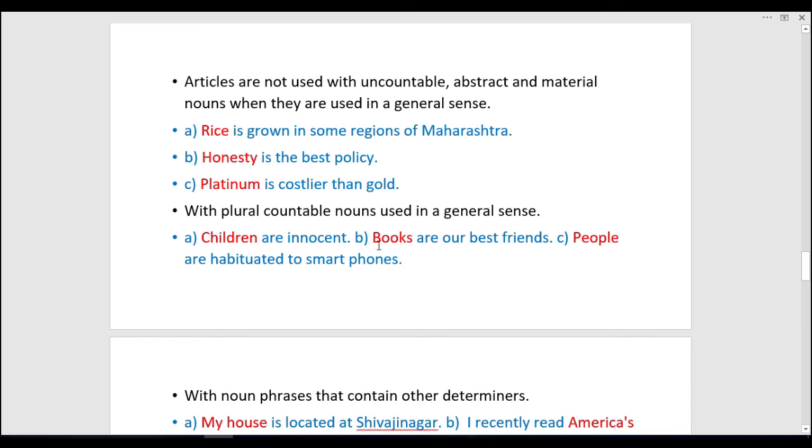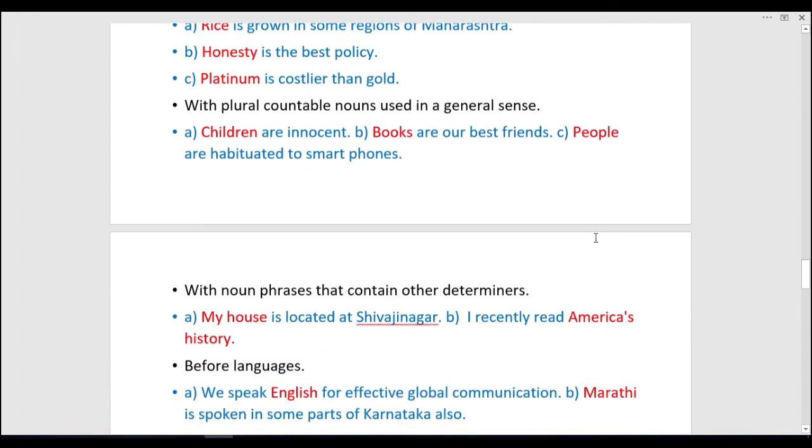Next example, books are our best friends. Here books represents all books, used in a general sense. Next example, people are habituated to smartphones. Here we have used people to represent the whole class, in a general sense, so we have omitted the.